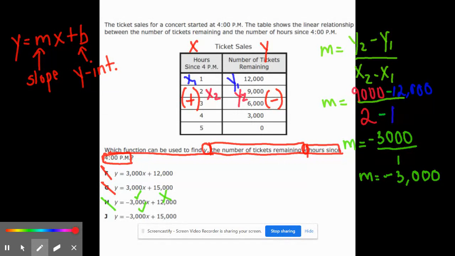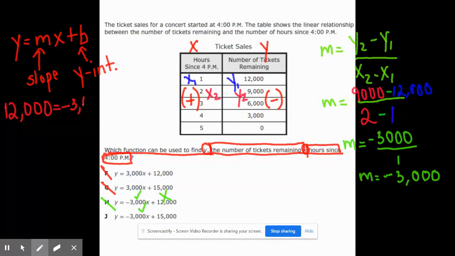To check my math and to make sure that my answer is 15,000, I'm going to pick an ordered pair off the table and substitute it into my slope-intercept form along with the slope value that I just found. Let's use the very first one. We have y equals 12,000. So we have 12,000 equals m, which we decided was negative 3,000, times x, which in this case is 1, plus b.